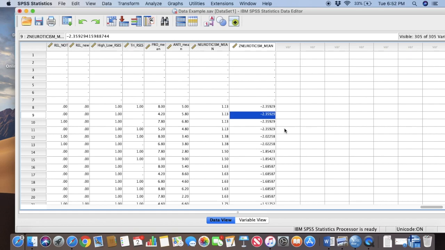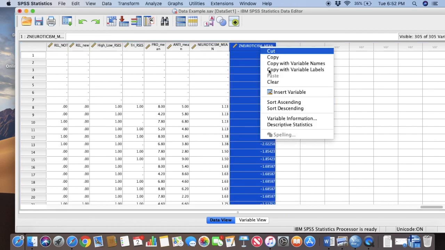Basically, any raw scores that have a z-score of -3 or lower, or a z-score of +3 or higher are considered outliers. Obviously on the lower end, our lowest negative value is -2.36.